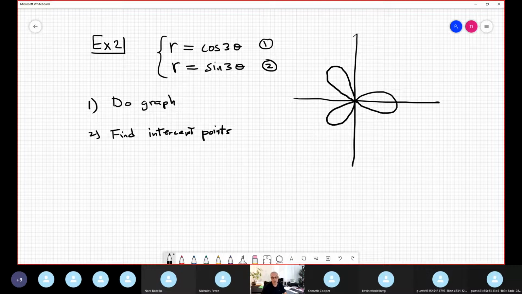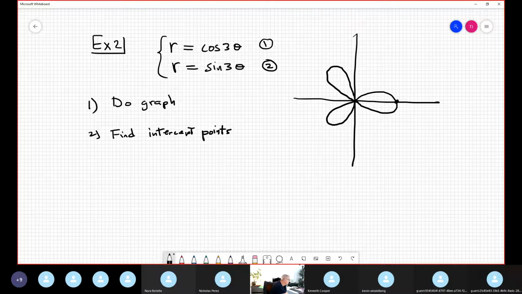My sketch is horrible because the petals are symmetric, it's the same. For example, you evaluate at theta equals 0 degrees, cosine 0 is 1. So this is this point. And so we travel in this direction. Okay. So now, what about the second? It's similar, no? Because it's sine.